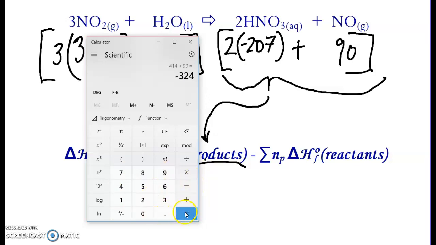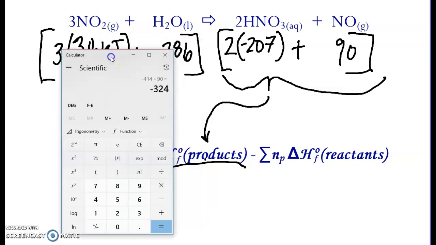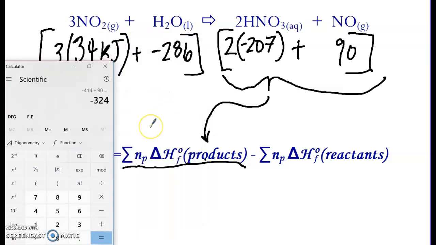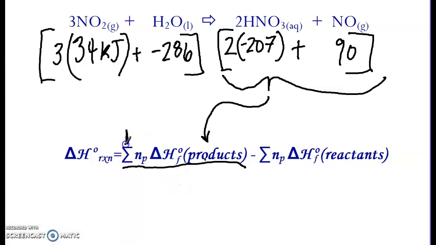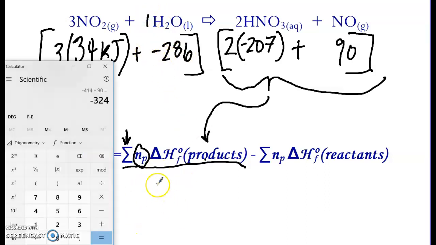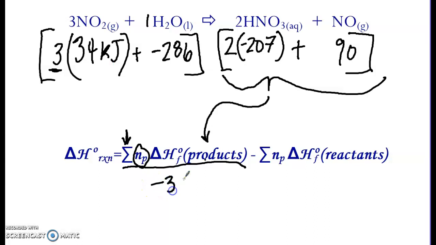Maybe you can do this in your head. That'd be negative 324. So that's going to be my products here. So the sum of the moles times the change in enthalpy of the products, we have a 3 here and a 1 here, so we're just going to multiply that by 1. And that gives us negative 324.